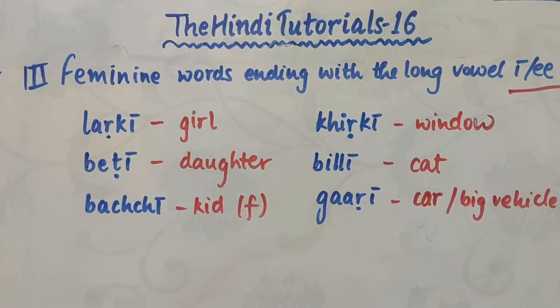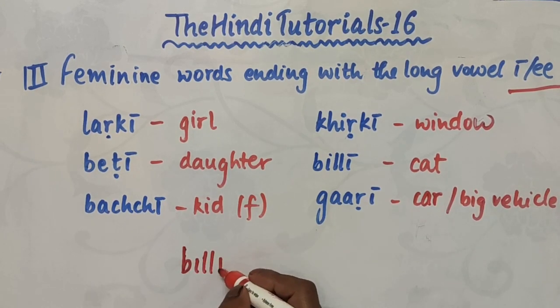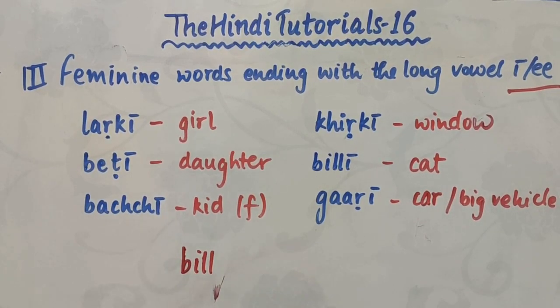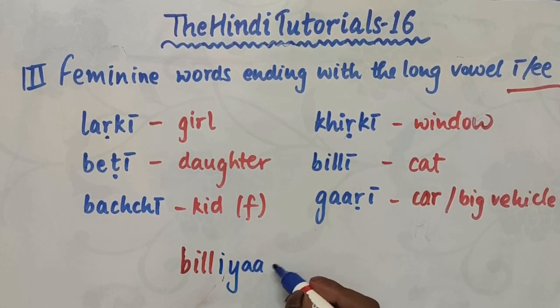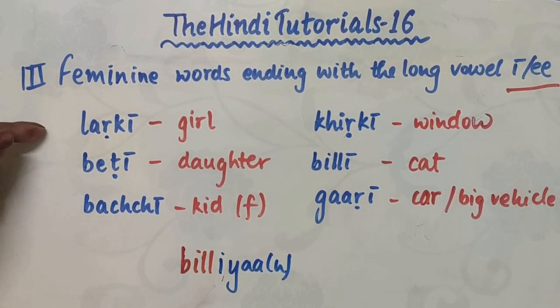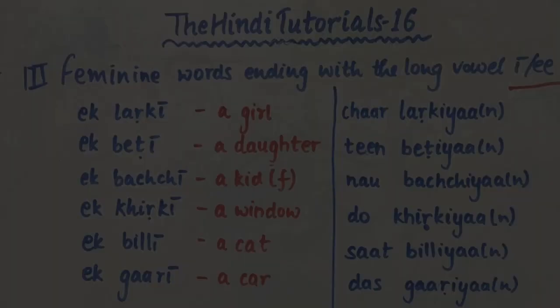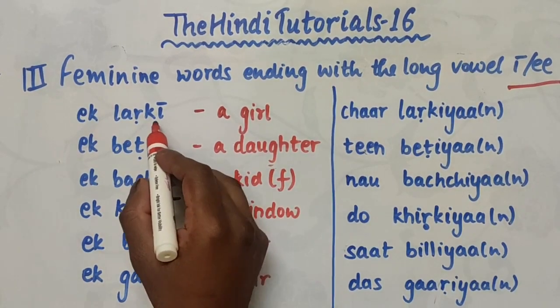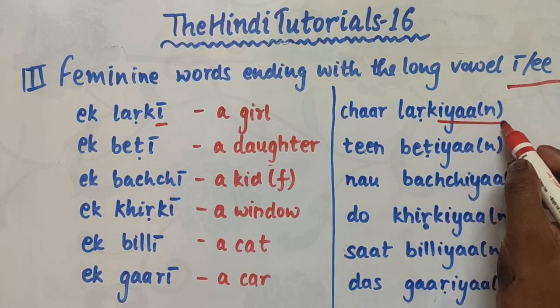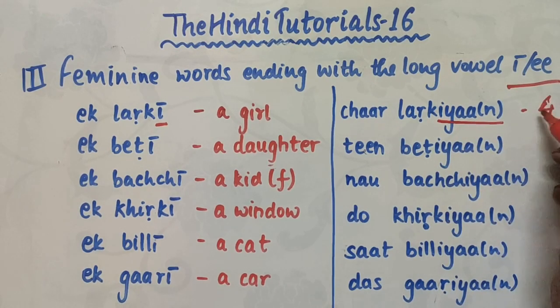Okay. Now the rule to change them into plural is removing the long E sound and replacing it with a shorter E sound and adding ya. Billiya. This becomes ladki, ladkiyan. Okay, I'll write it again. Just a second. Now here you can see ek ladki is a girl and char ladkiyan is 4 girls.